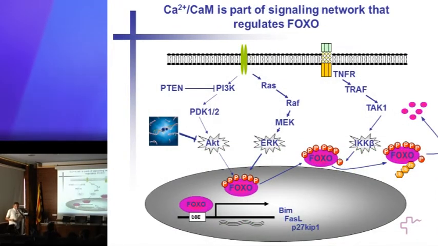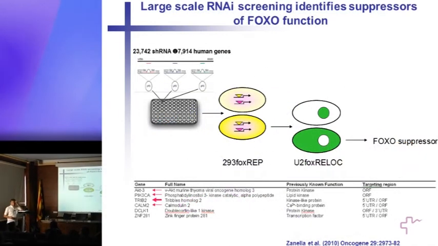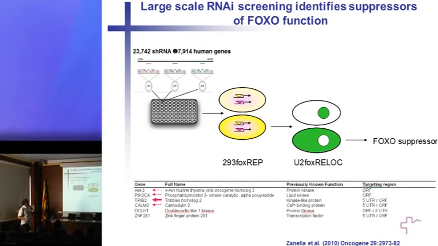So to make a long story short, we were able to place a new component using our approach into the already very complicated, very complex signaling network that regulates Foxo. And we were actually quite excited when we learned that calcium calmodulin was also among the priority hits from our RNAi screening. So, but let me explain first how we did this screening.